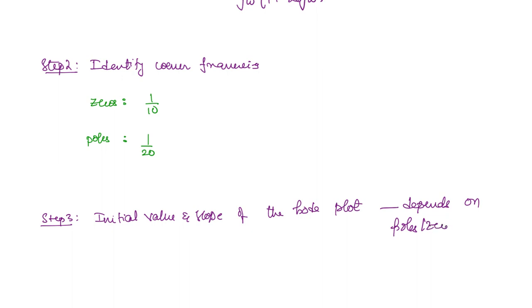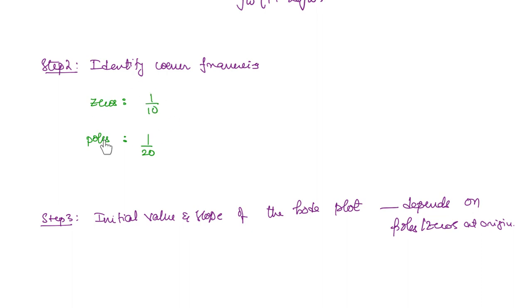So why is this the case? We know that for a simple 0 or a simple pole, before the corner frequencies, the magnitude is going to be 0. Okay. So the magnitude is only contributed by the pole or 0 which is present at the origin until the corner frequency, until the lowest corner frequency.